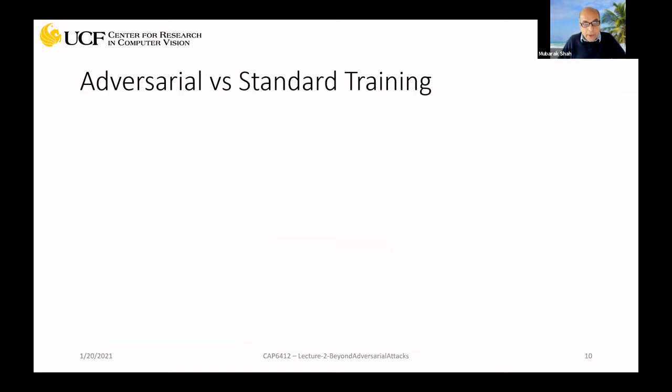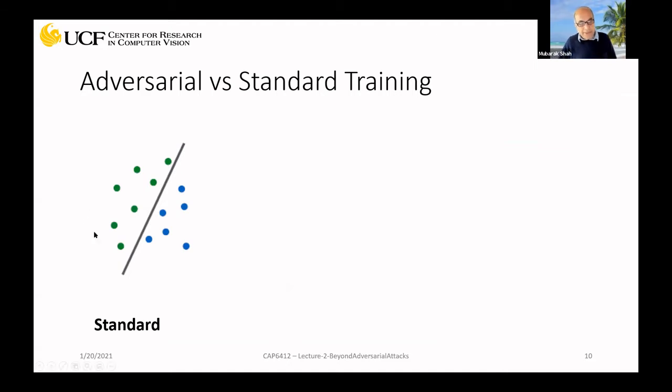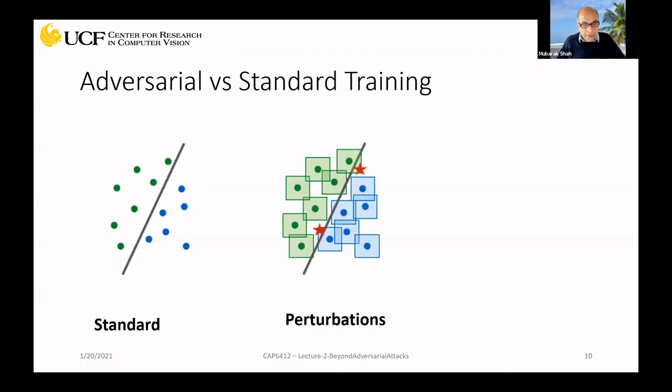Okay, so adversarial training versus standard training: let's say we have a binary classifier, where the blue ones are one class and the green ones are another class. Now, what happens when you do the perturbation?